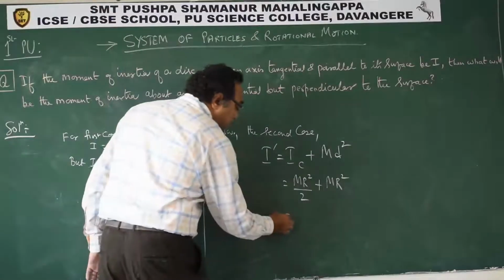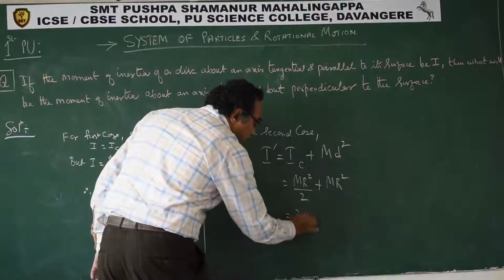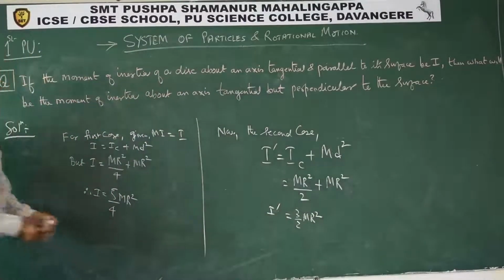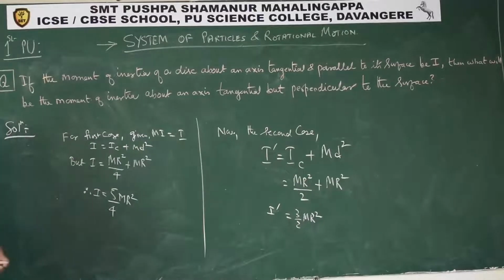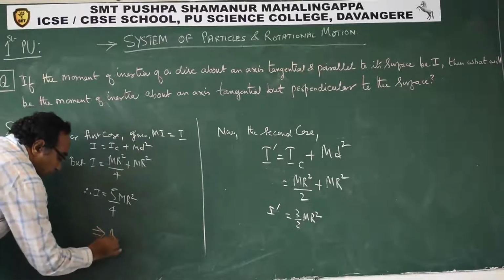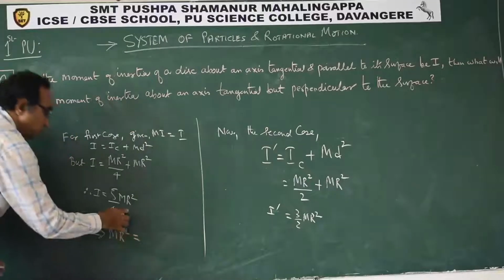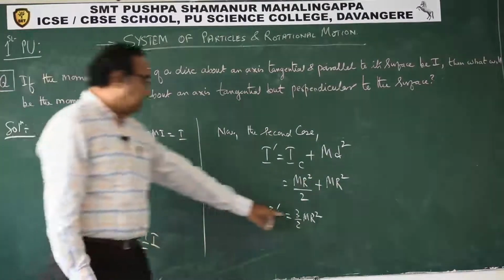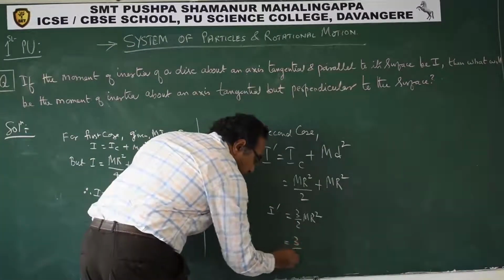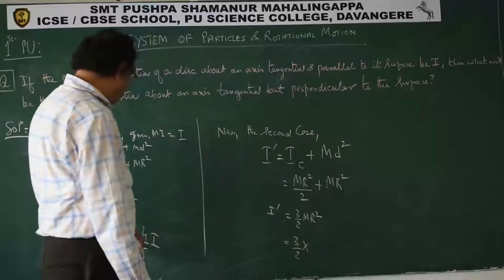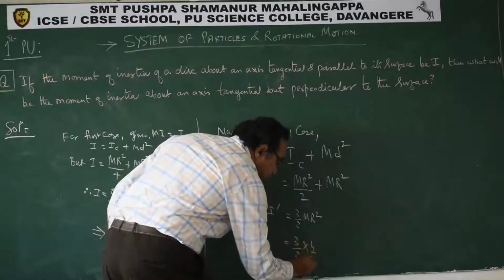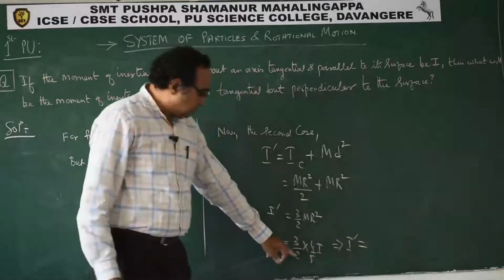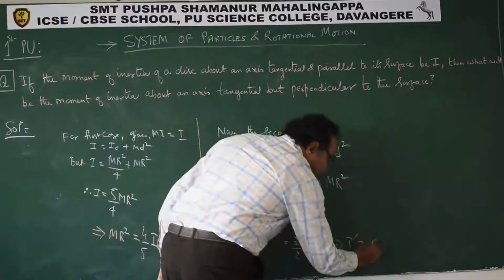So this gives us 3 by 2 m r square. This is I dash. Now from this, what can we say? We can write from this, m r square is equal to 4 by 5 I. Put the value of m r square here. So that is 3 by 2 into 4 by 5 I. So this means I dash works out as 6 by 5 I.